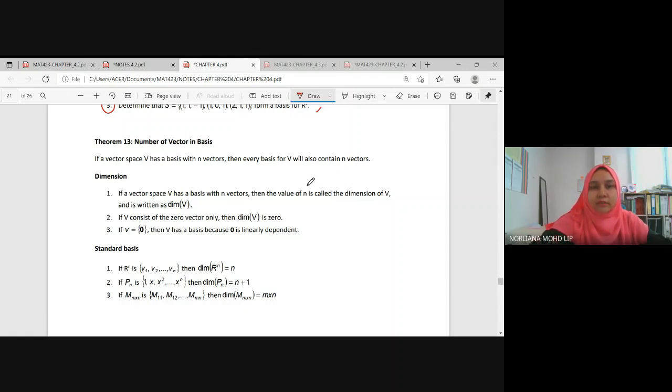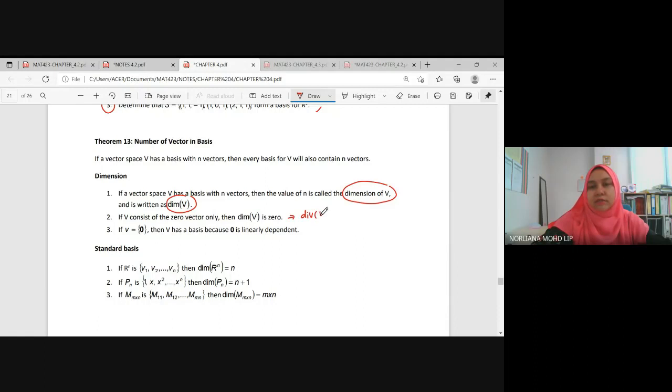Okay, dimension. Okay, if a vector space V has a basis with n vector, then the value of n is called the dimension of V, and it's written as dim V. Dim V is dimension of V. Okay, if V consists of a zero vector only, then dimension V is equal to 0.